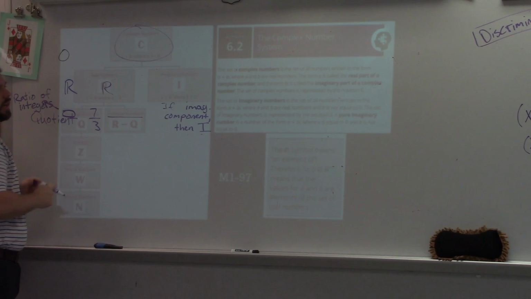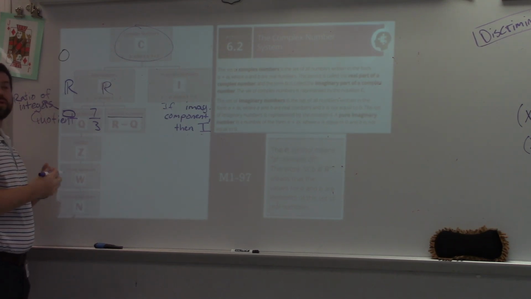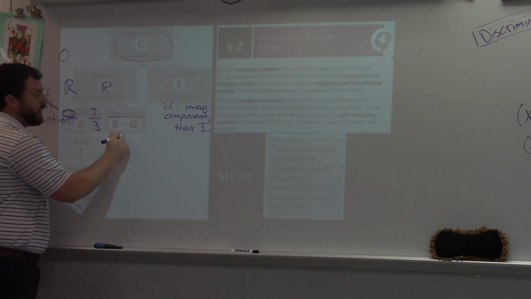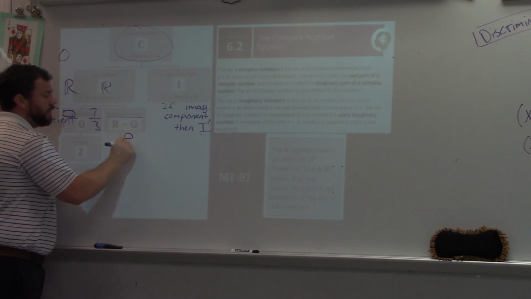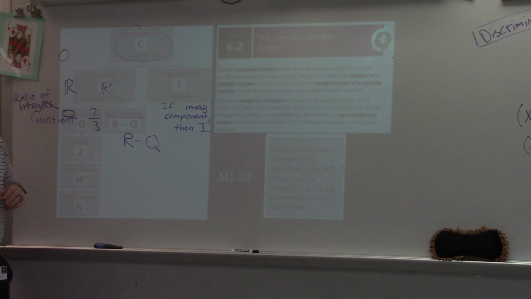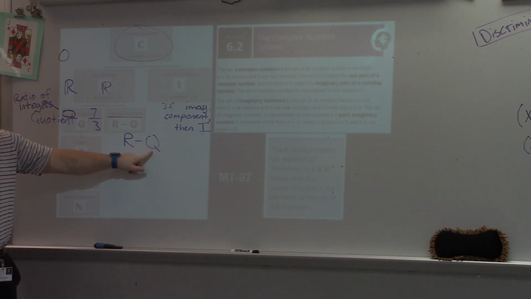Okay, so what in the world is happening here with irrational? Why do we not just use an I? I is imaginary, right? Some people you'll see use I for irrational. Don't do that. What do you think this means? That's the real minus the rationals.